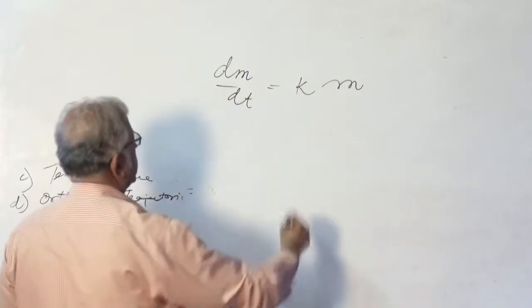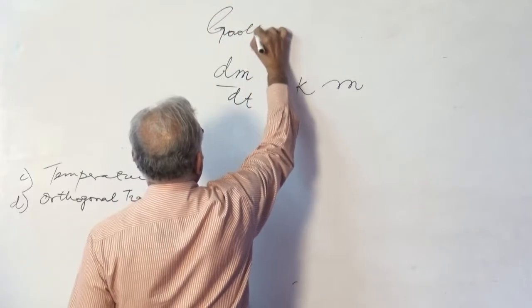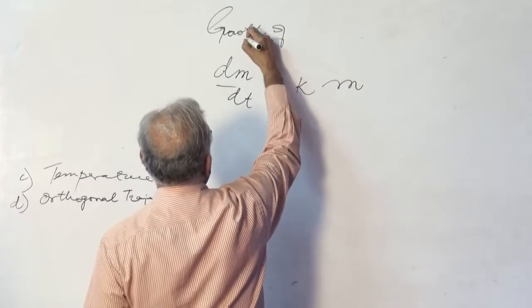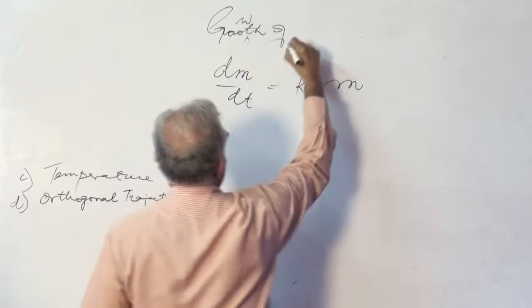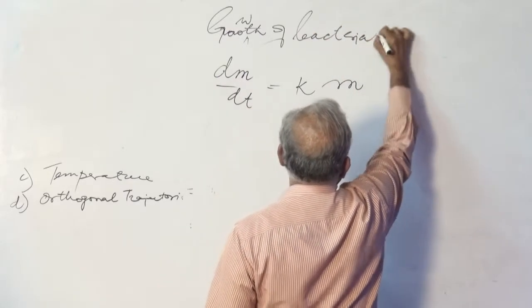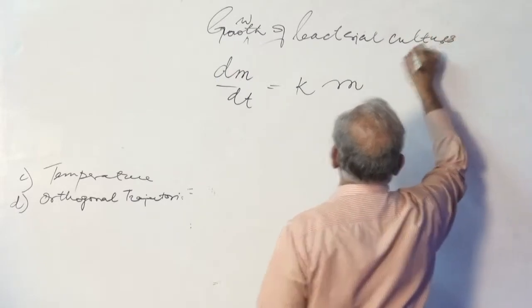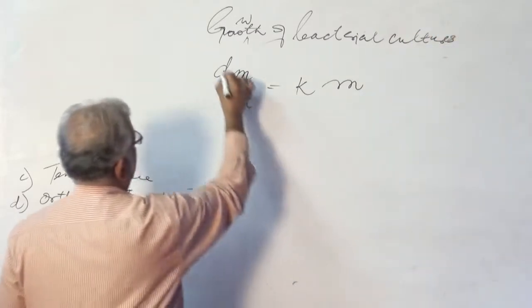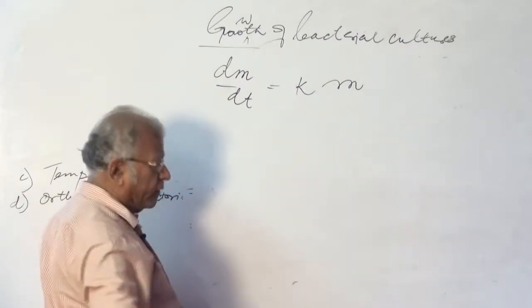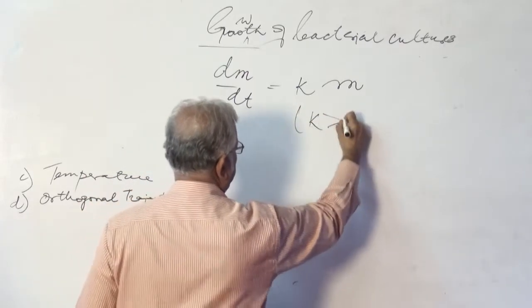But here, because it is growth, we can write this is the growth of bacterial cultures. Here, because it is a growth and dm dt has to be positive, otherwise it would imply negative, this K is essentially greater than 0.